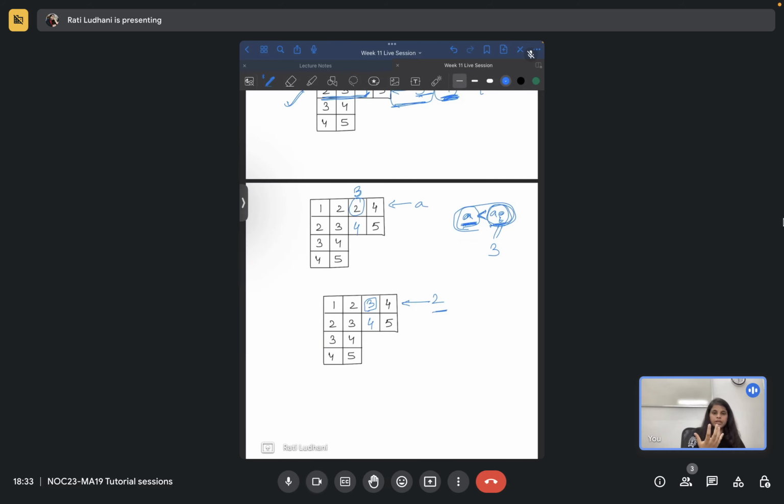When you insert a to be 2, then 3 will be replaced by 2, and 3 will move to the next step. And when you insert 3 in the second row, 4 will be replaced by 3, and 4 will move to the next line, and that will come here. So what I did is exactly the reverse of that process.